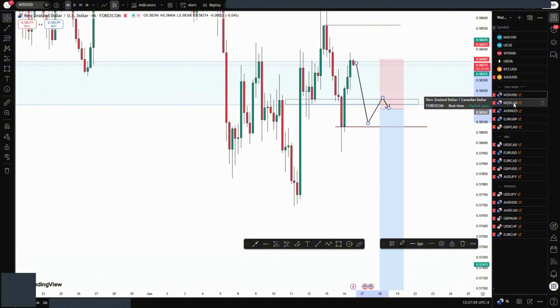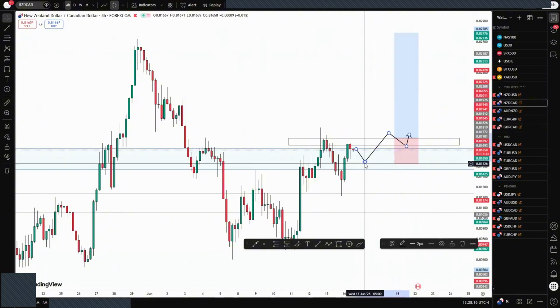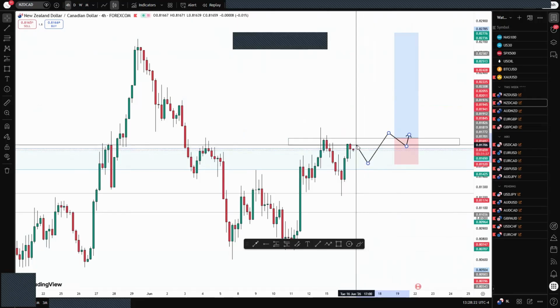The next thing is NVD card. You can see what price is trying to do here. We're almost having this break, where we can have a potential break to a higher low here.